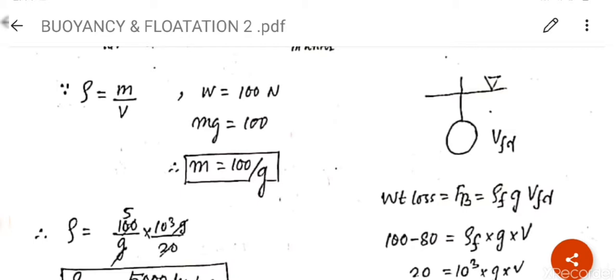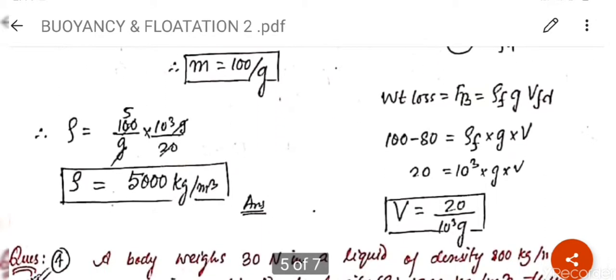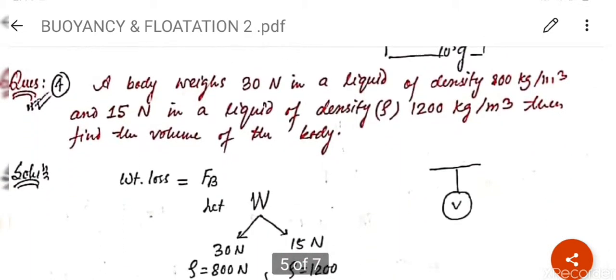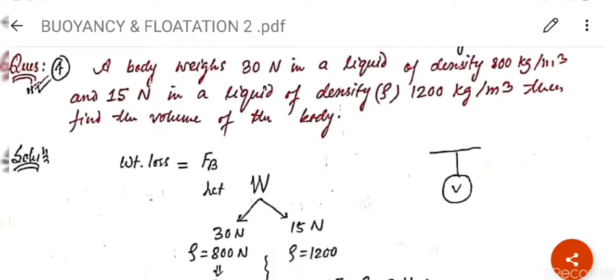So putting the value of m in this equation, 100 upon g, this is the value of m, and volume given after solving, v is equal to 20 upon 10 raised to 3 g. So putting this value of v in this equation, 10 raised to 3 g upon 20, we will get the answer rho is equal to 5000 kg per meter cube. Clear? Now we will solve next question.